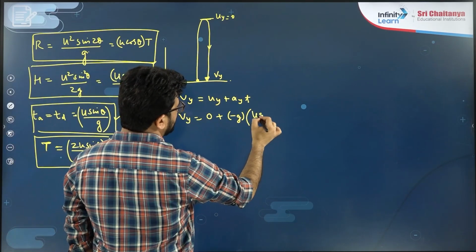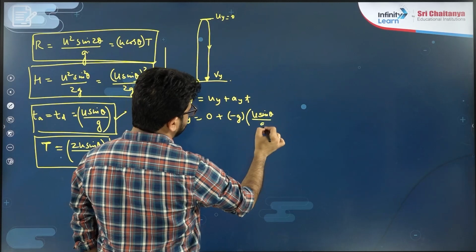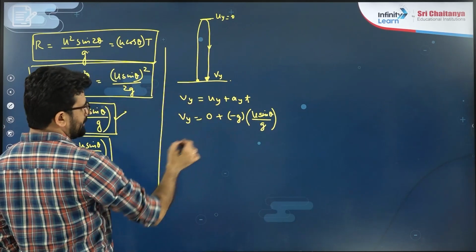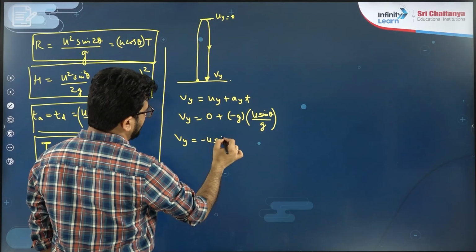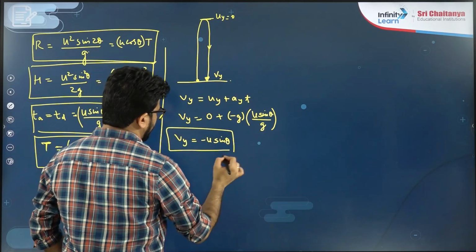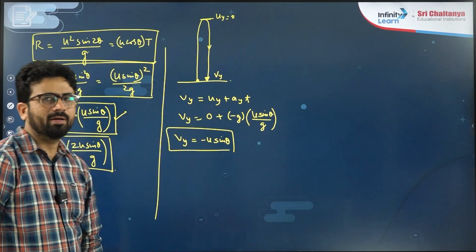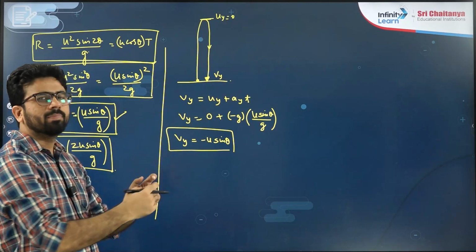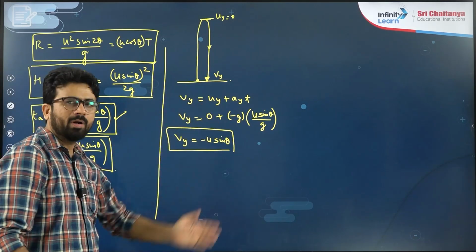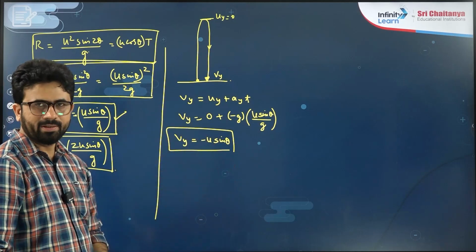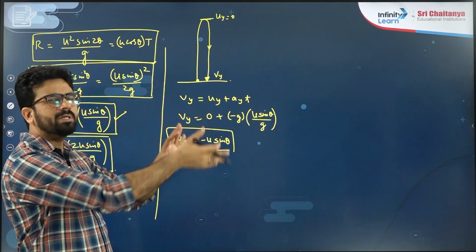That means g can be removed. That means Vy is nothing else but minus u sine theta. That means the vertical velocity at the point of landing is the same, only the direction is opposite. Initial was u sine theta, now at the point of landing it is minus u sine theta. The same value but in the opposite direction.